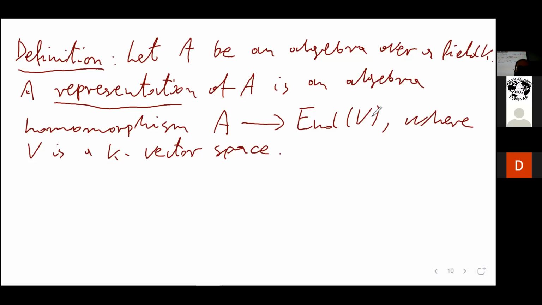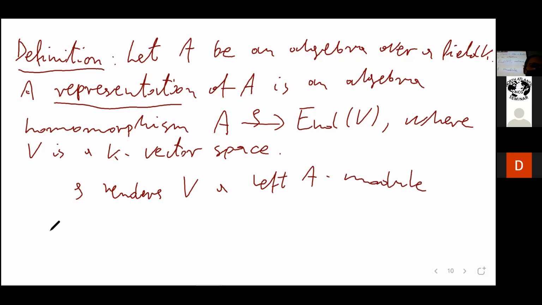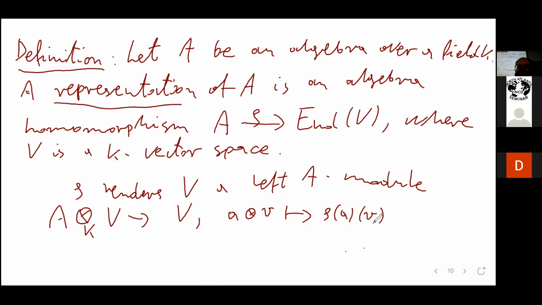If I write it like this, this map rho renders V a left A module, because I have a map from A tensor V to V given by a tensor v mapped to rho(a)(v).